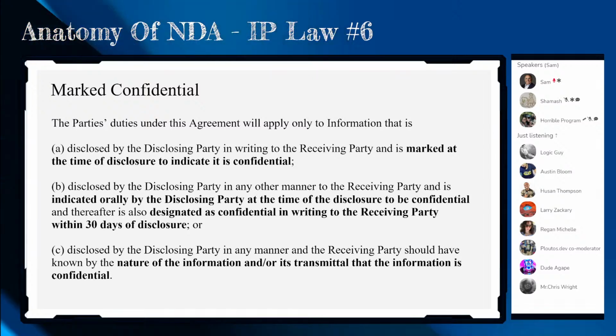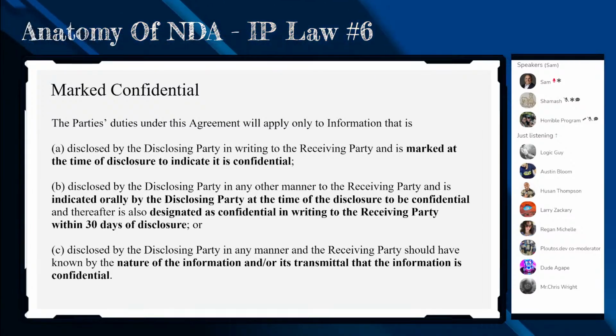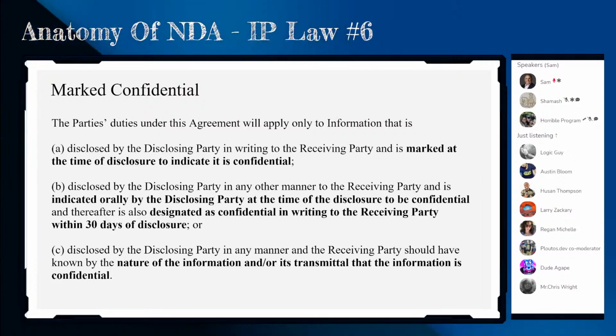Or you call them back next week and say, oh, guys, that folder that we gave you access to, that is confidential information. And then the last one is that the receiving party should have known by the nature of the information and or its transmittal that the information is confidential.